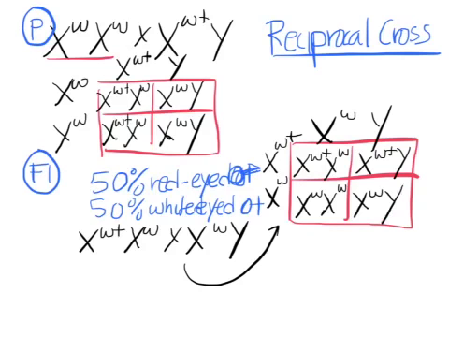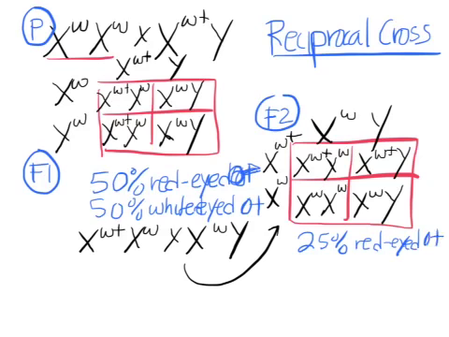So now we get, again, for the F2, something totally different than what we got with the reciprocal cross. Here we're going to get 25% red-eyed females, and 25% white-eyed females.